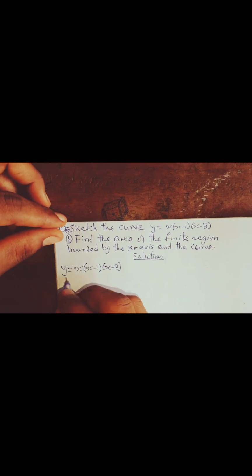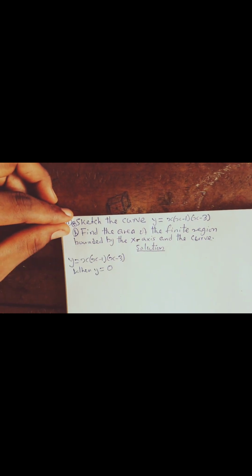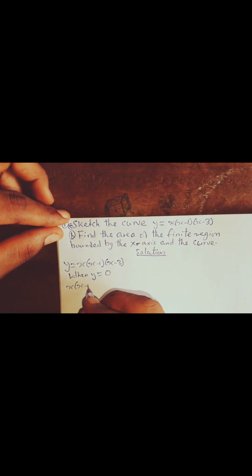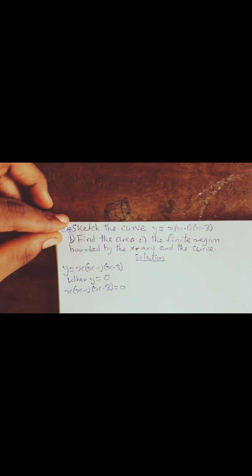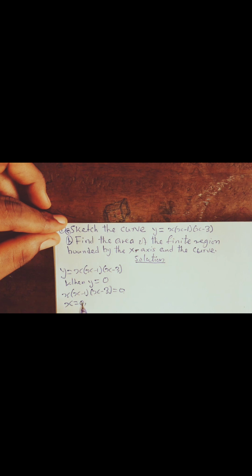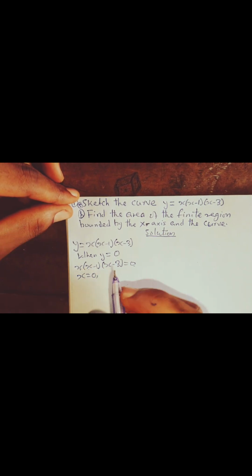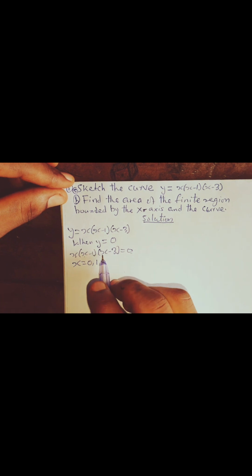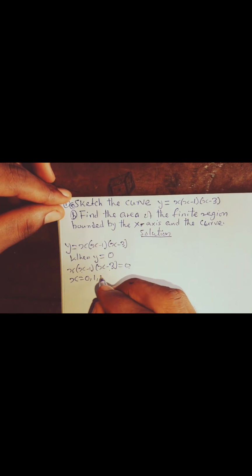When y is equal to 0, it means I'm having x, then x minus 1, x minus 3 is equal to 0. So x is equal to 0, x minus 1 is equal to 0, you make x a subject, you're getting 1. x minus 3 is equal to 0, you make x a subject, you're getting 3.